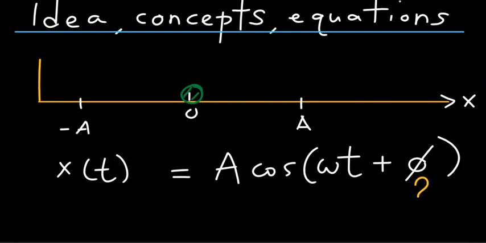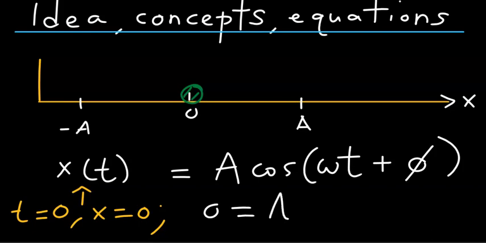What about this phase constant phi? The value of this phase constant can be determined if we know where the object is at t equals 0. So let's say in this example, at t equals 0, the object is at the origin. Then by substituting this information in here, we see that the left-hand side is 0 when t is 0.